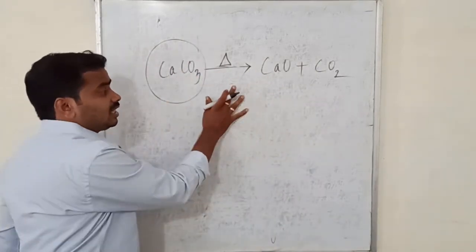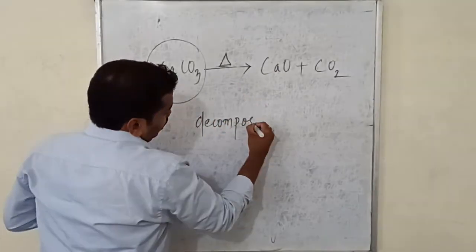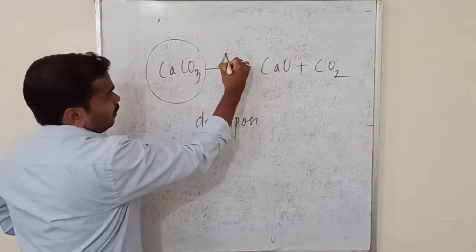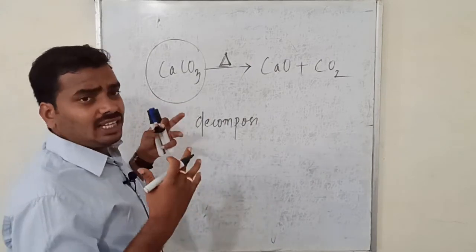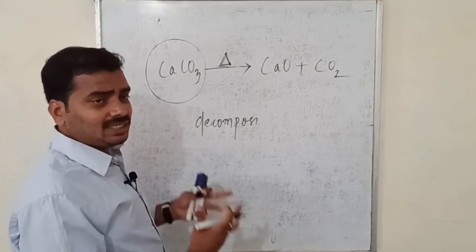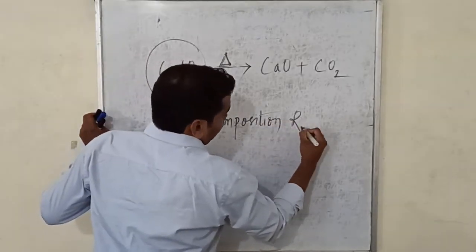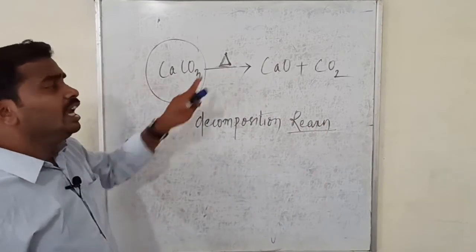This is example for decomposition reaction. As we are using heat energy, you are giving this delta symbol. Delta symbol indicates that you are heating the entire setup for reaction to happen. That is decomposition reaction. It's a thermal decomposition reaction because you are using heat energy.